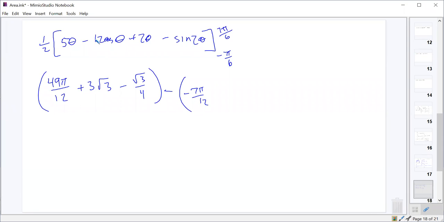And then the negative root 3 over 2 times a 6 ought to make that a negative 3 root 3. And then the last piece should be the sine of negative pi over 3. Sine of negative pi over 3 ought to be negative root 3 over 2 with the negative, and the 1/2 makes it negative root 3 over 4. Everybody good or no?